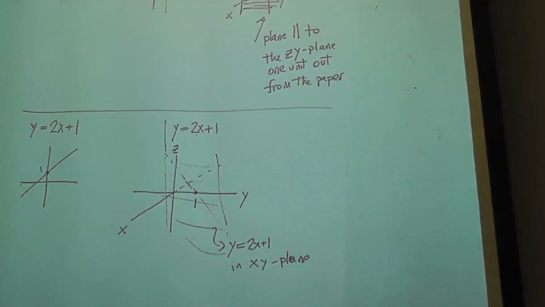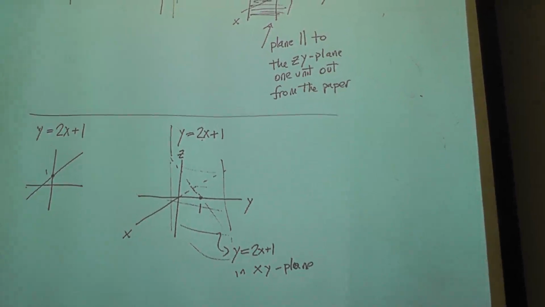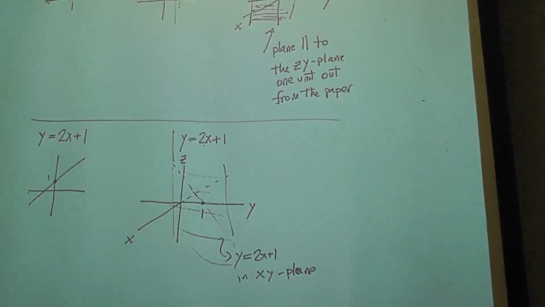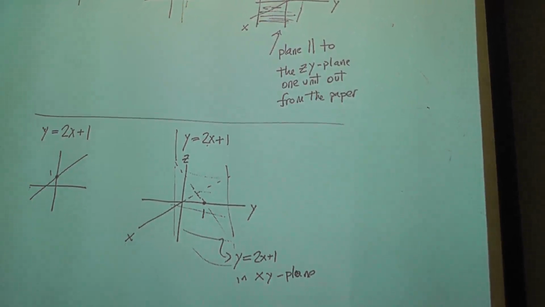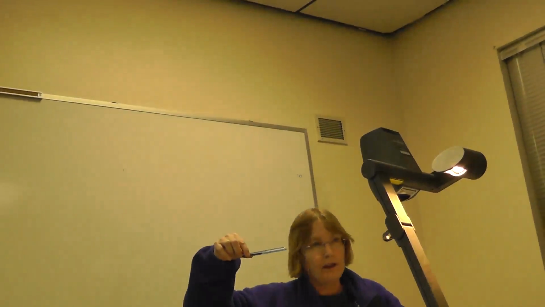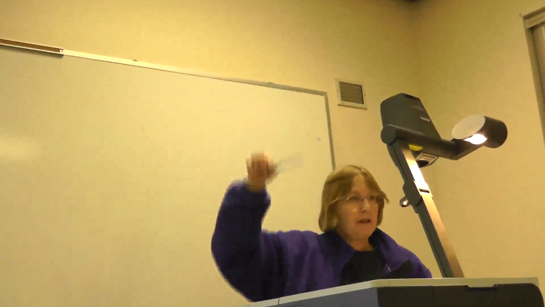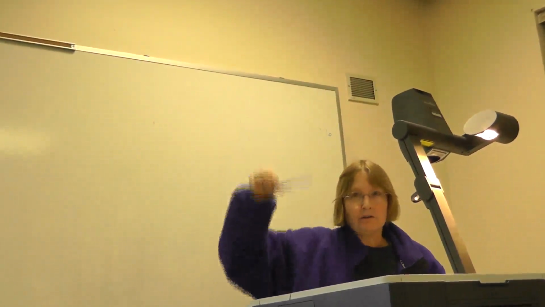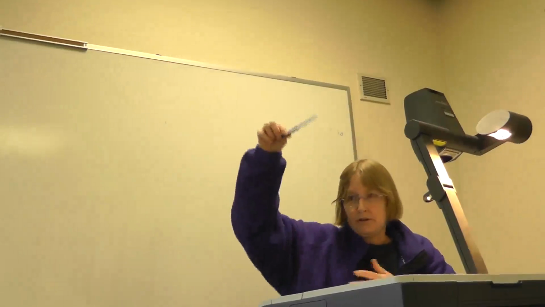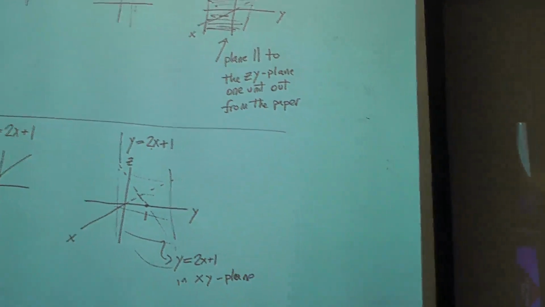Is this okay? So it's like I've got my line here in the xy plane, and I just lift it up and down along the z-axis. Is this all right? See how this goes? Okay.